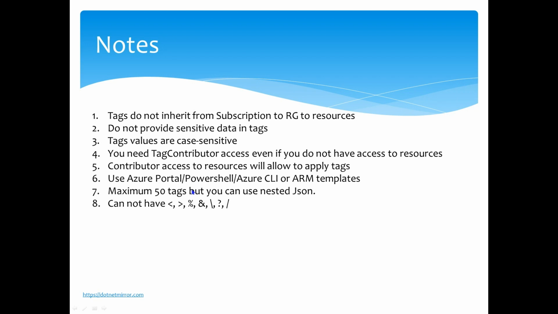And you need tag contributor access. Let's say you don't have access to the resources or resource groups; at least if you have tag contributor access, you can go and create tags for the resources or resource groups. And if you have access to the resource group or resources at contributor level, you can easily apply tags to the resources and resource groups.